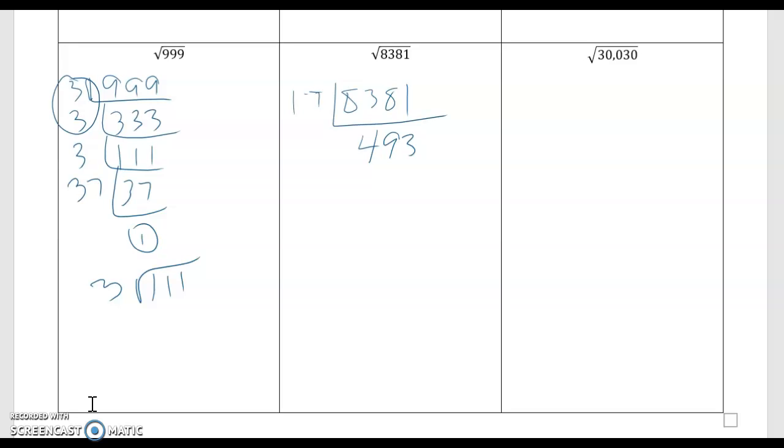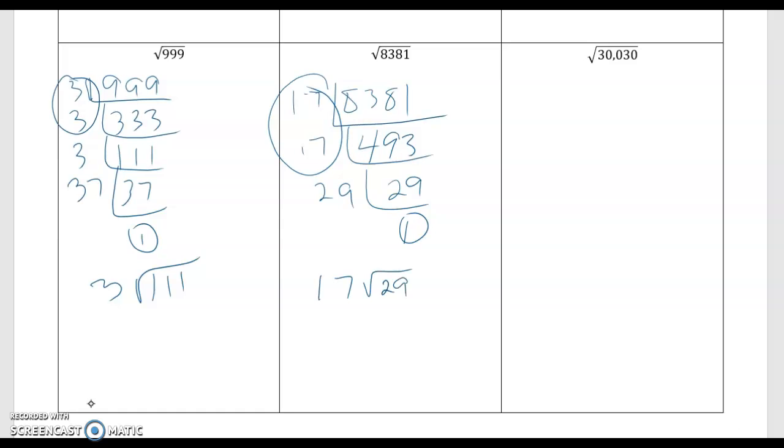So 493, I'm going to divide that by, start off with 17. Because I always want to check to see if that works first, and it turns out that it does. So 17 divides 493, gives us 29. Okay. Now 29 is a prime number. So I've got 17 times 17 times 29. So 17 comes out. Okay. 17 square root 29. All right.